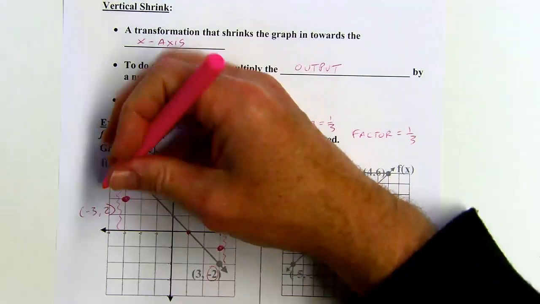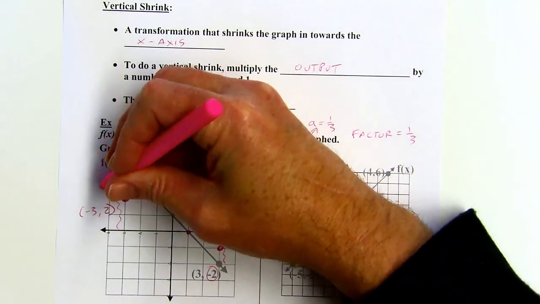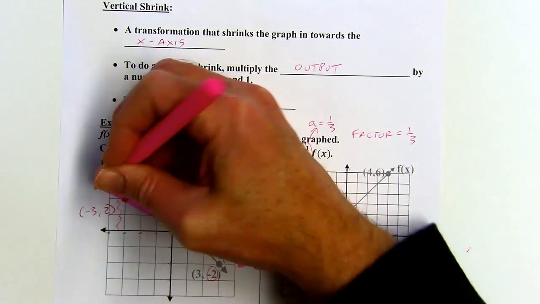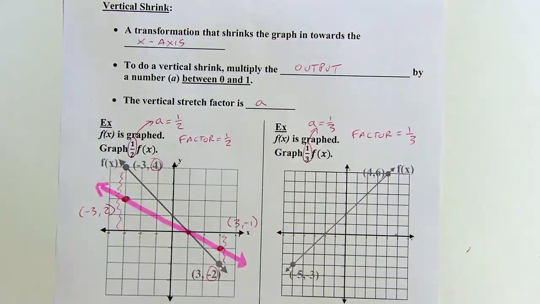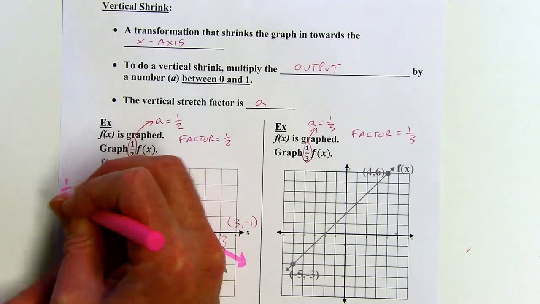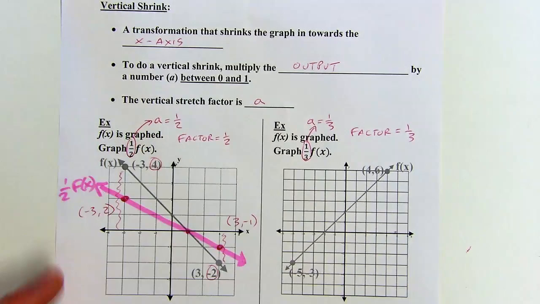Then I've got enough info to draw my line. Should really use a ruler to make it neat, but I'll do my best without. So this one is going to be 1/2 of f of x, which gives you a vertical shrink.